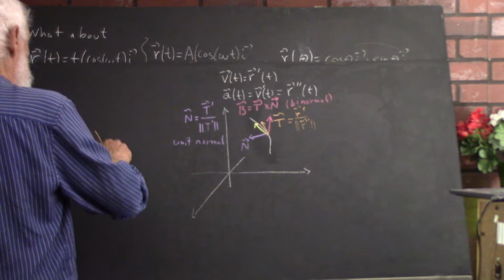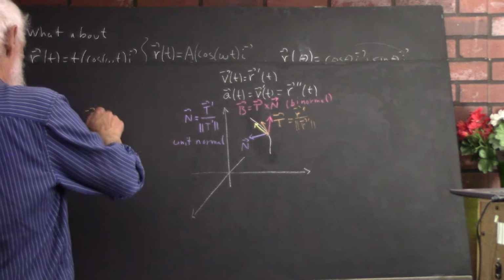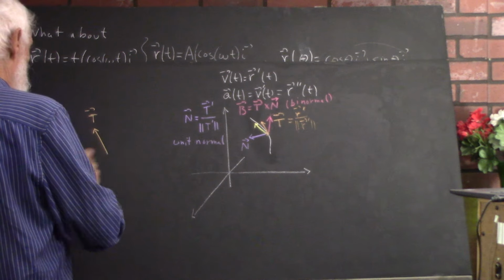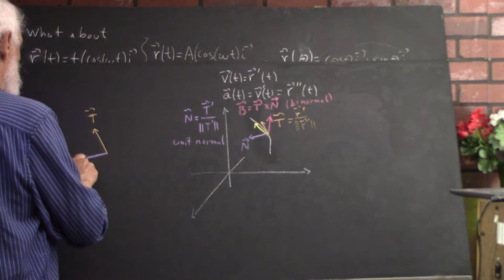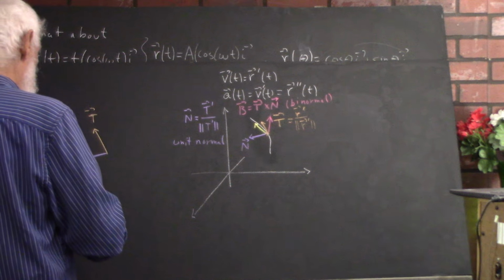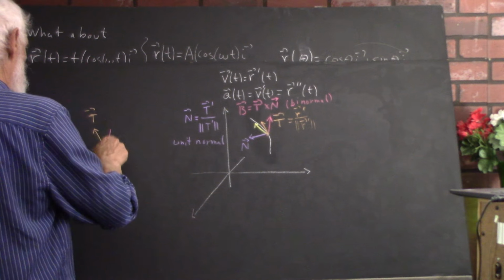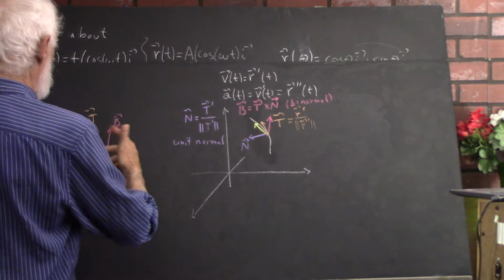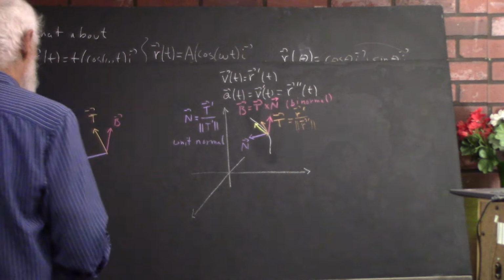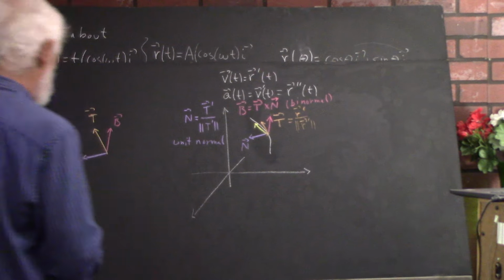Now, just to take this a little too far, if we've got our unit tangent vector, our unit normal vector, and these angles aren't exactly right angles because we're drawing in 3 dimensions and we don't even know what the orientation is. But imagine unit tangent, unit normal, binormal. And we have our acceleration vector.